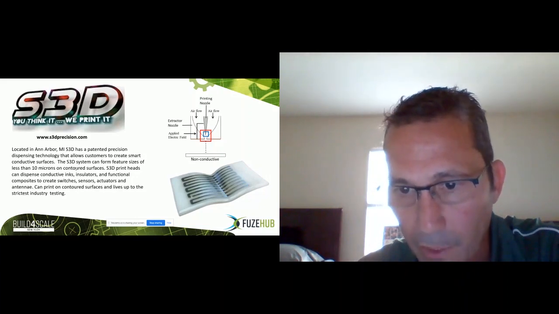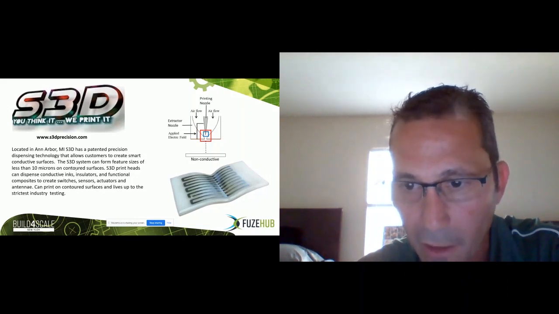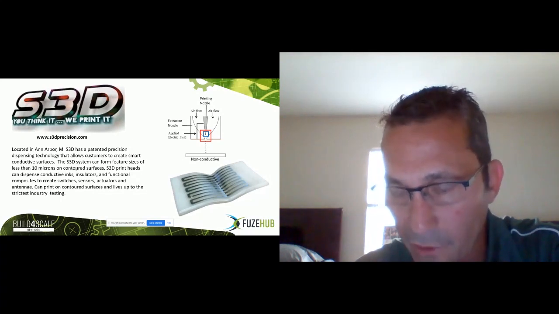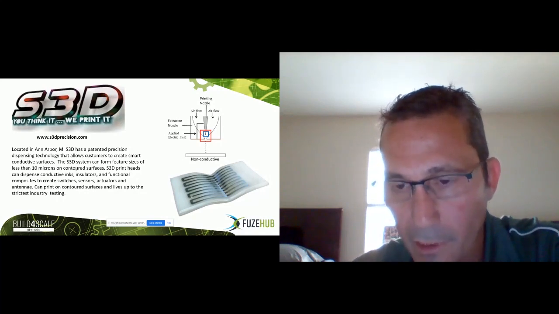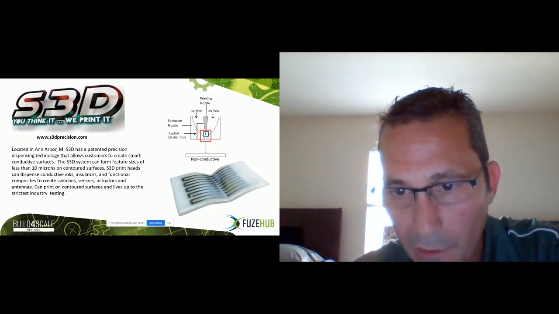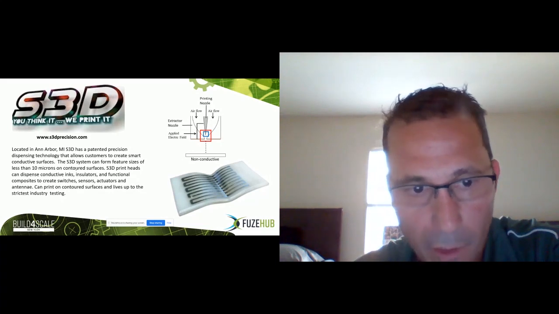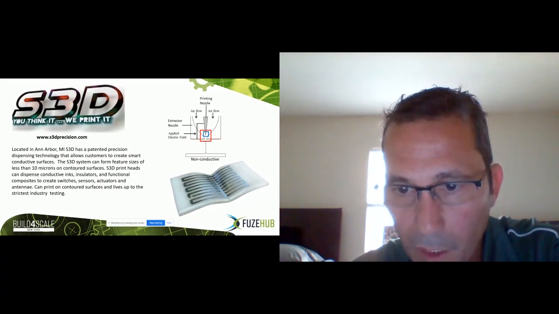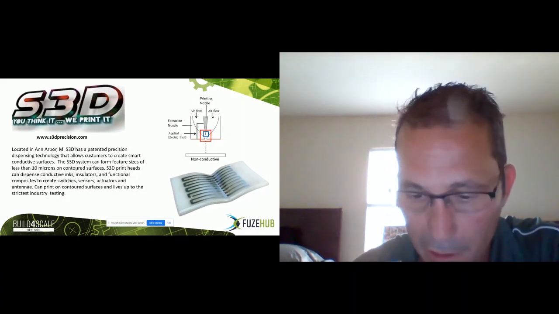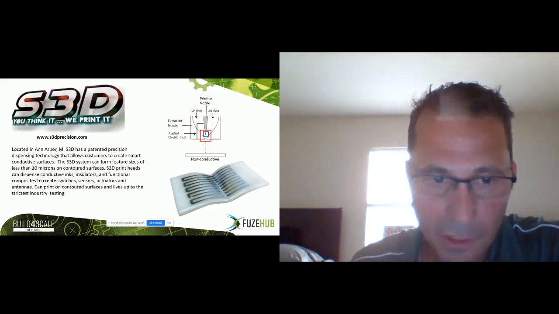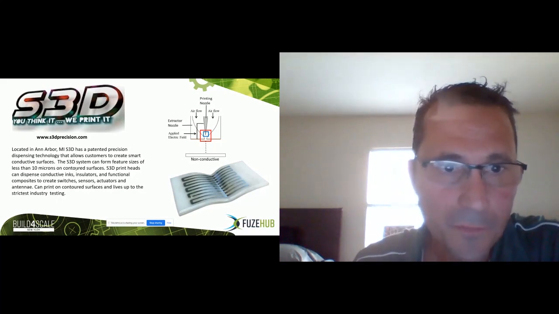If you've ever been behind an IP or a dash of an automobile, you'll notice there's a lot of physical wiring, many of which sometimes fail. So the ability to do printed circuitry on the back or B side of elements in a vehicle or any other type of product, and lower costs and improve durability, are examples of some of the technologies you might see here in the future.